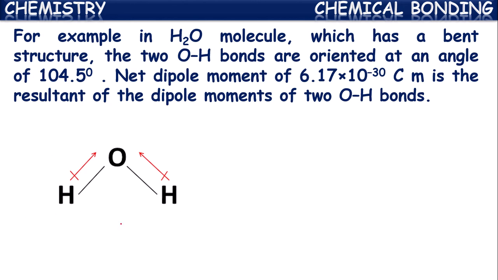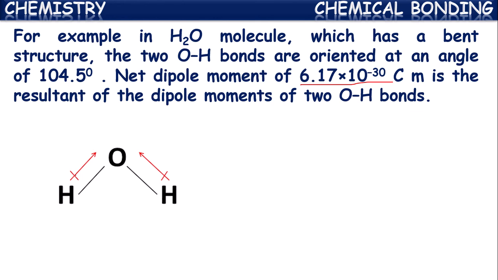the net dipole moment of this molecule is considered as this, because if you consider one bond in this molecule, that is the OH bond, hydrogen is electropositive and oxygen is electronegative. So the pair of electrons shared here will move towards oxygen.